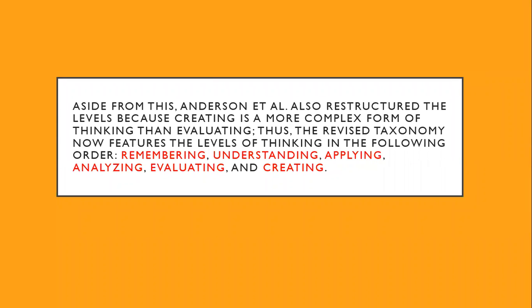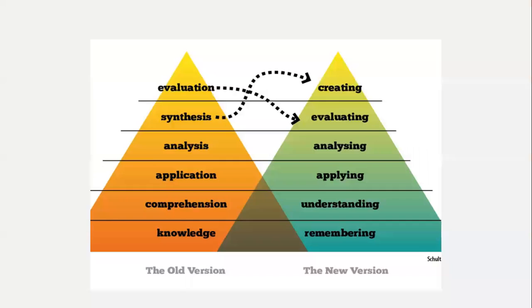In the original Bloom's taxonomy, the highest level of thinking is evaluation, but in the revised Bloom's taxonomy, it's synthesis, or creating, that is the highest level of thinking. So these are the two versions, the original and the revised version. The first levels in the old version are knowledge, comprehension, application, analysis, synthesis, and evaluation.